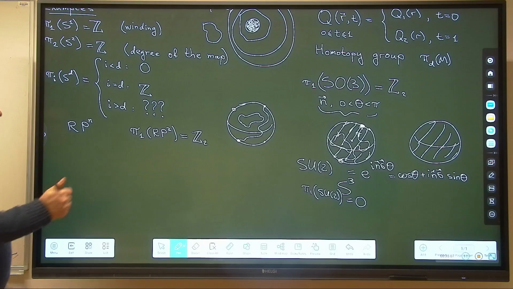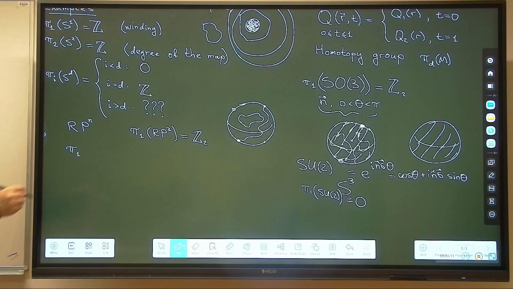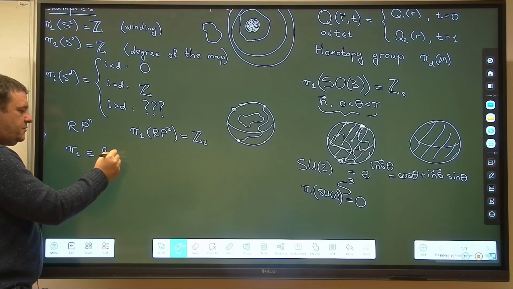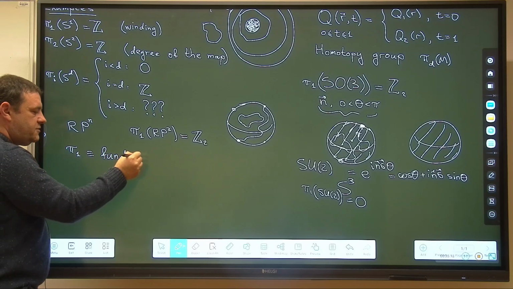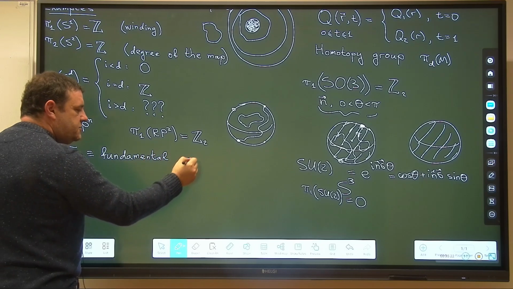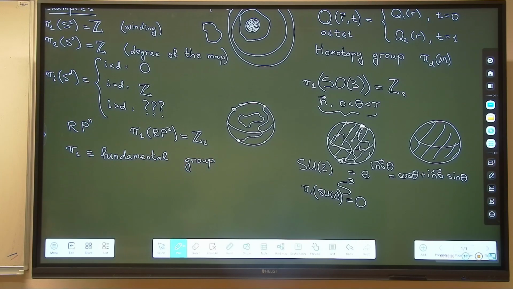Enough about homotopy groups. Actually, the group pi1 is quite special. Pi1 is called a fundamental group. Whenever you have a non-trivial group pi1, you say that this particular manifold is not simply connected.